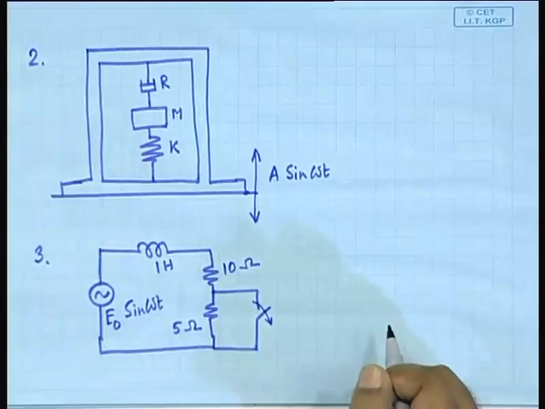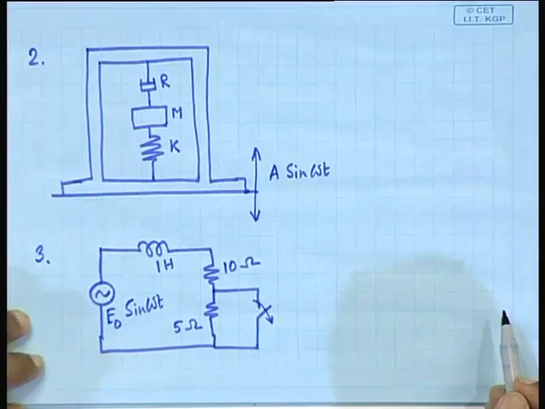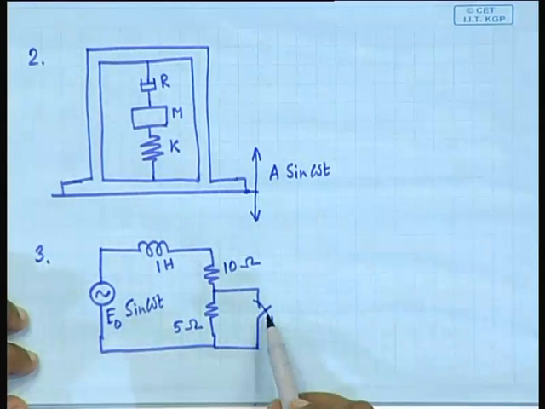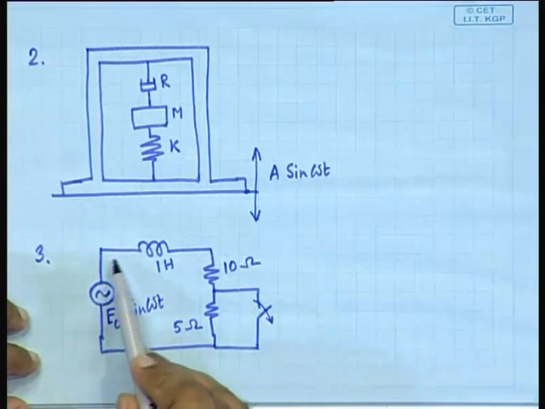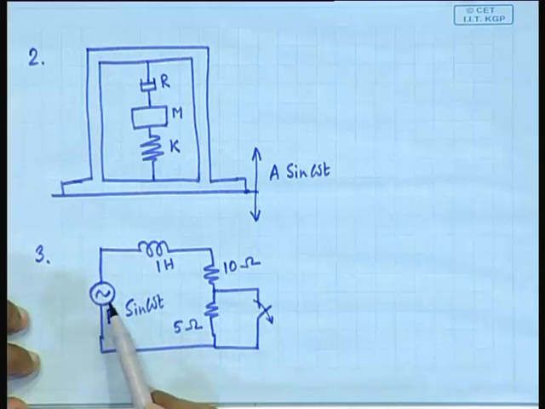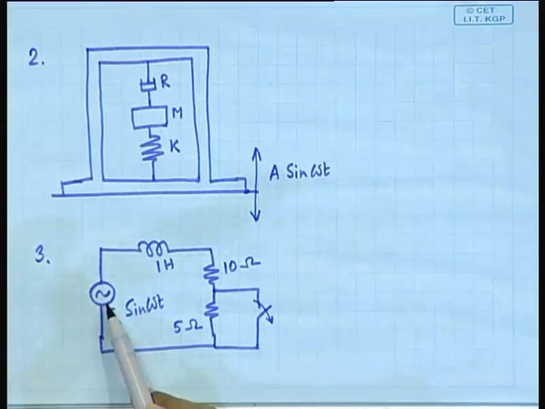What will be the equation for the current? How will you do it? First, when it is closed for a long time, the current at that time was how much?